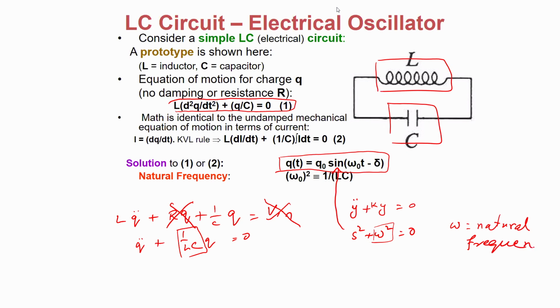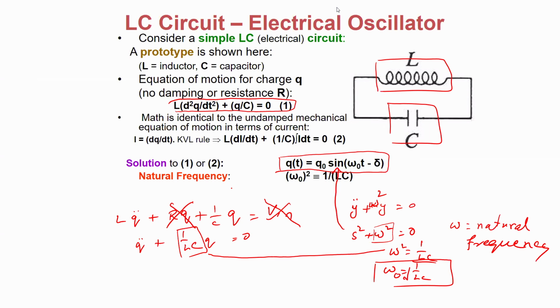This is a part of the differential equation course, but in this case, omega square is equal to 1 over LC, and omega is equal to 1 over the square root of LC. This is called the natural frequency, or oscillation frequency, basically.